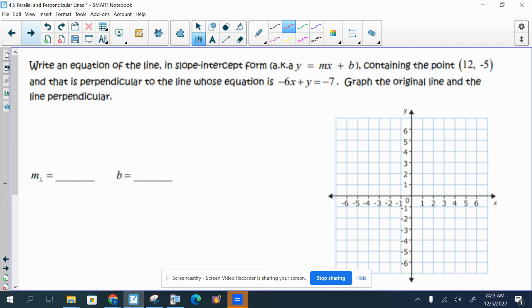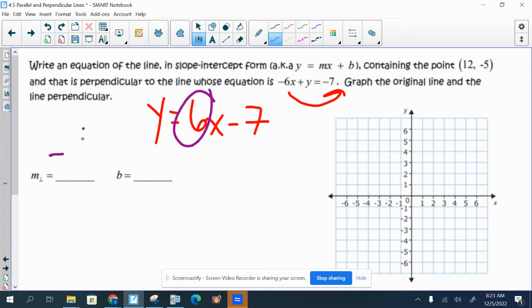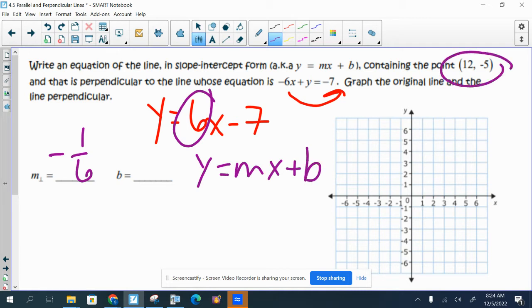Okay, now for this one, if I solve for y, I just have to add the 6x over. So y equals 6x minus 7. And then the opposite reciprocal of 6 is negative 1/6. So my slope is negative 1/6. And then I do y equals mx plus b. We're going to plug in this for our point, 12, negative 5. So negative 5 equals negative 1/6 times 12.